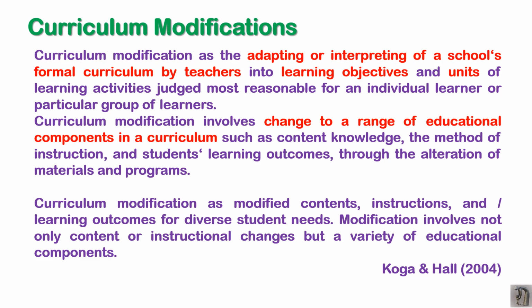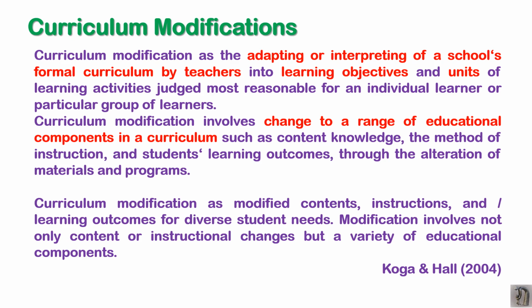I have already said while ago that in curriculum adaptation and curriculum accommodation, you're not going to change the content, but curriculum modification means you're going to change the components of the curriculum. It might be content, instruction, learning outcome, material, program, or assessment area. All you have to modify for the special need.